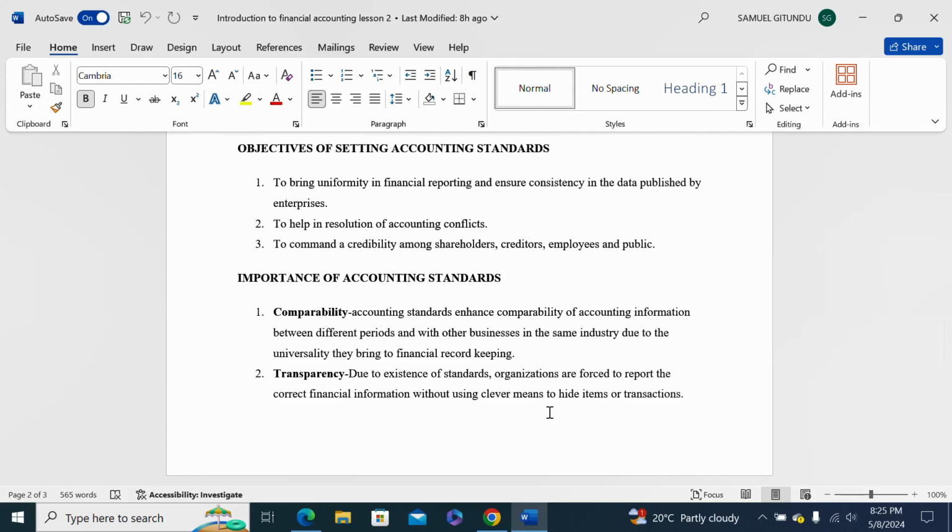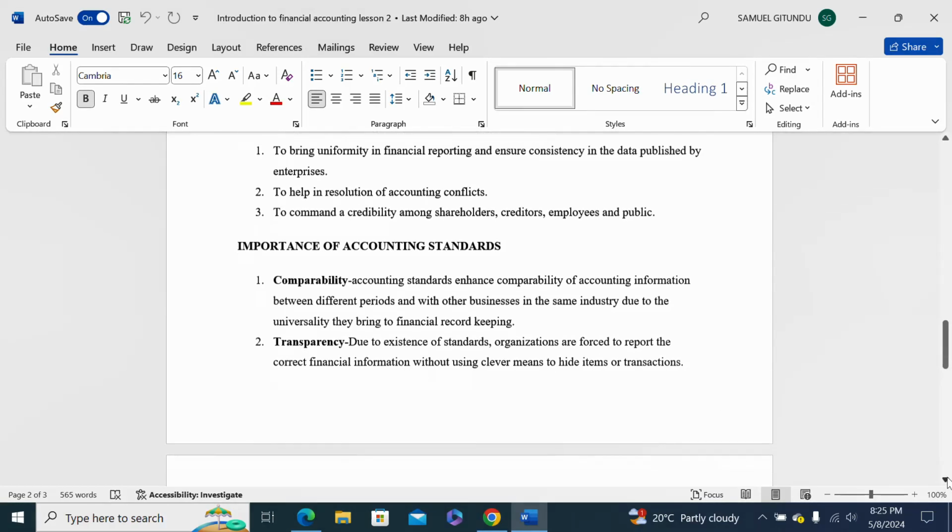Accounting standards bring about a lot of transparency in business, because if businesses are following them, it is very difficult for a business to use clever means to hide transactions, or to adjust figures in the accounts to hide them, if they are following all the accounting standards which are set.